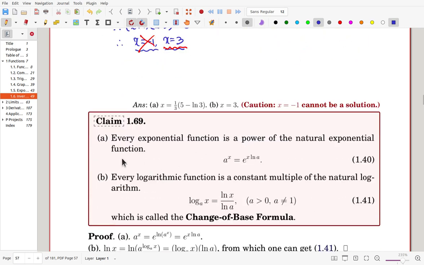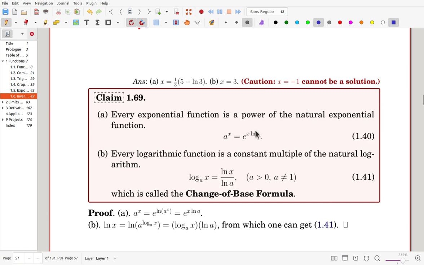Okay, here we have a claim. Every exponential function of arbitrary base is a power of the natural exponential function. The proof is given here: a to the x is the same as e to the natural logarithm of a to the x, because they are inverses of each other.